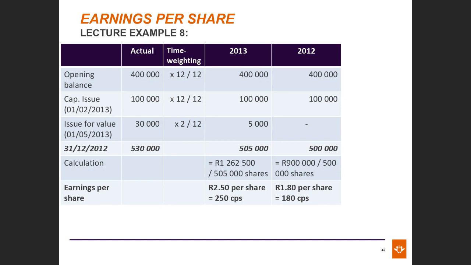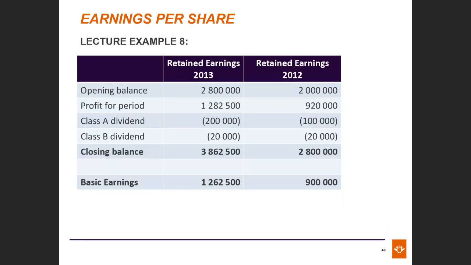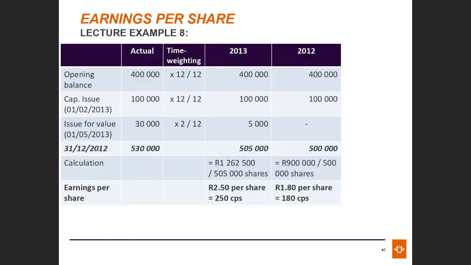Okay, so remember here we are calculating our earnings per share. So we had our basic earnings previously here being 1,262,500 and 900,000. We did deduct our preference dividends here for our basic earnings.